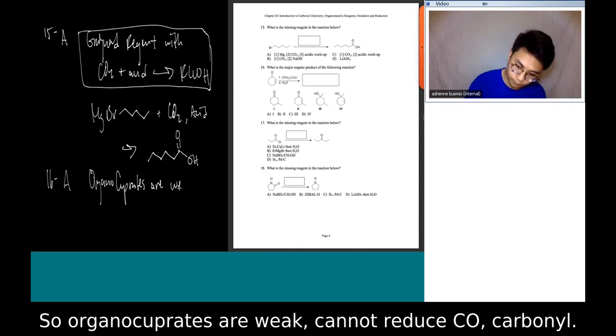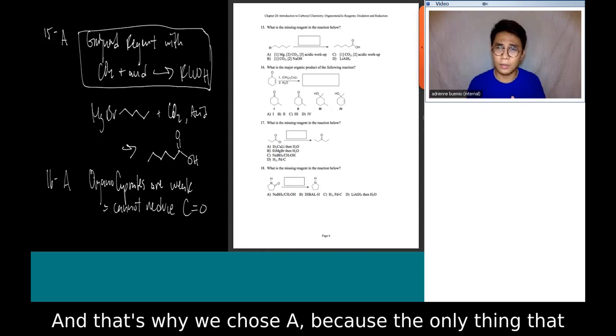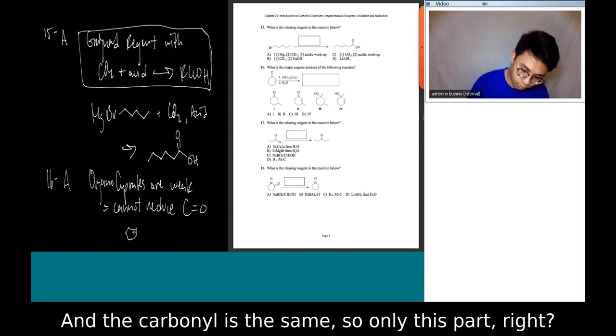Cannot reduce carbonyl. And that's why we chose A, because the only thing that got reduced is that alkene inside the cyclic, right? And the carbonyl stayed the same, so only this part.